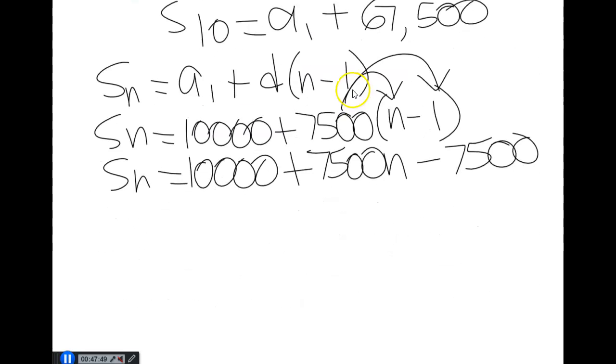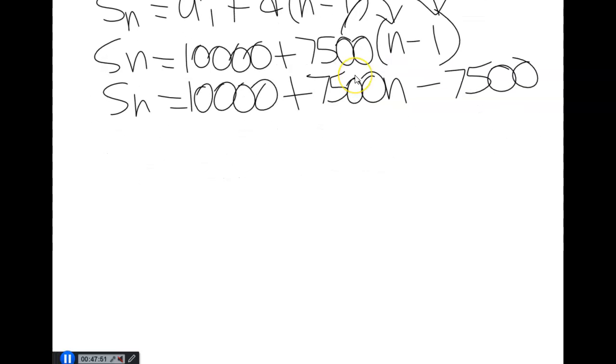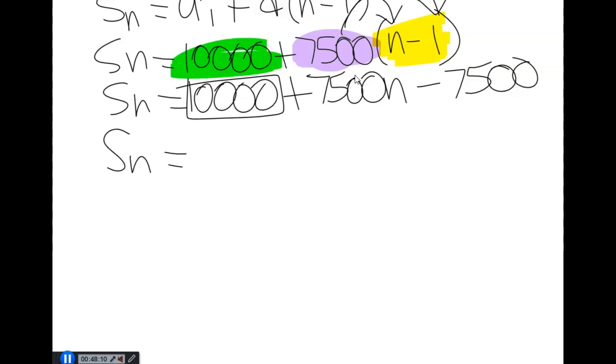Yes, that's what it is. So it's kind of like what was on the first slide or second, how to simplify the formula. So that's exactly what we're doing. I just kept the n minus 1, and then I replace D with the 7,500 and A sub 1 with the 10,000. So now I'm just simplifying the expression. You can see that the two terms that are just constants can be combined.